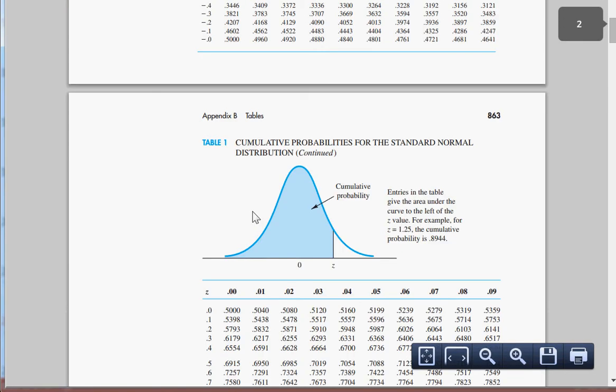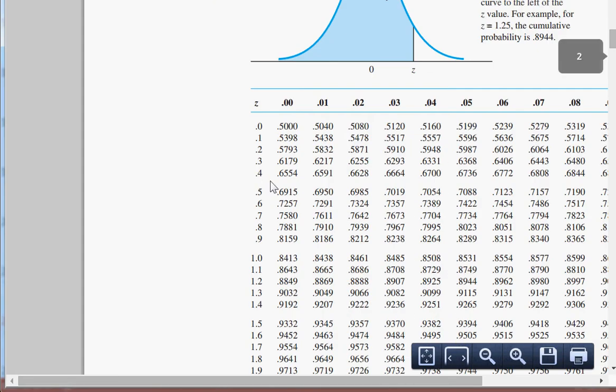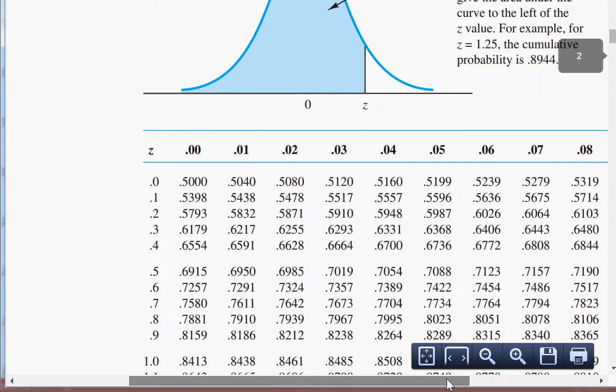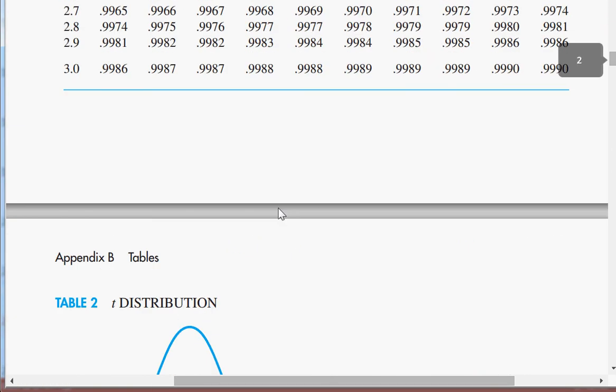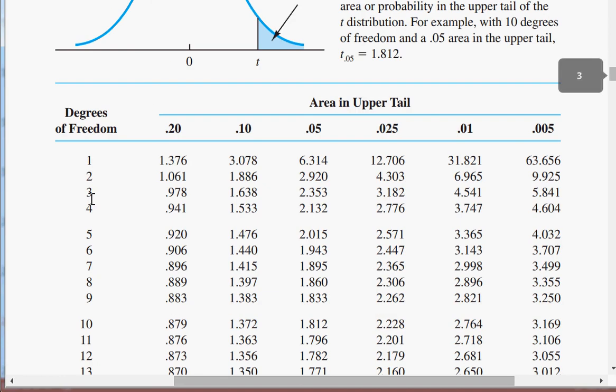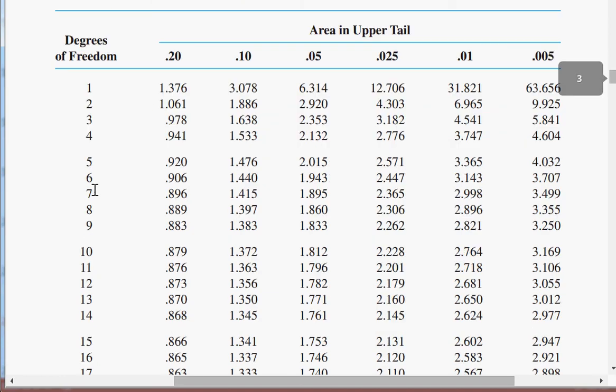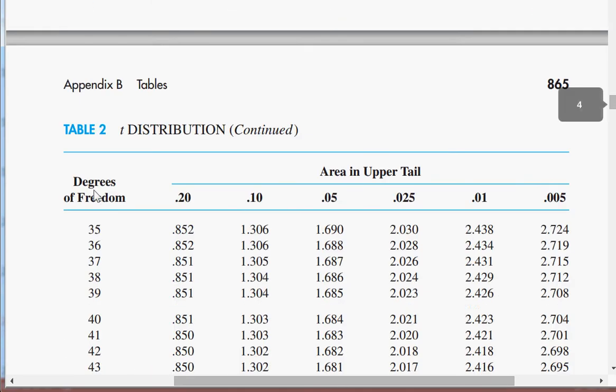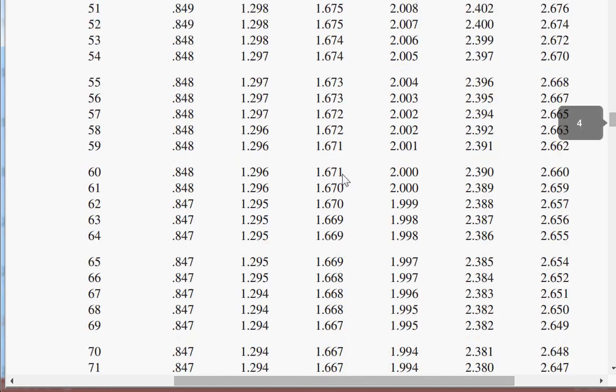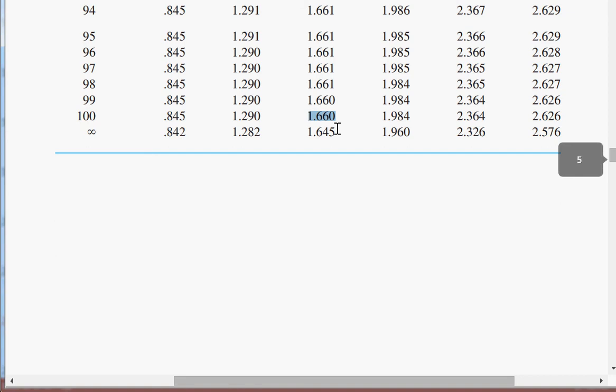As our sample size gets bigger and bigger, what happens to degrees of freedom? Bigger and bigger. So the t-distribution is getting closer and closer to what? The t-distribution is getting really close to the standard normal distribution. Why?